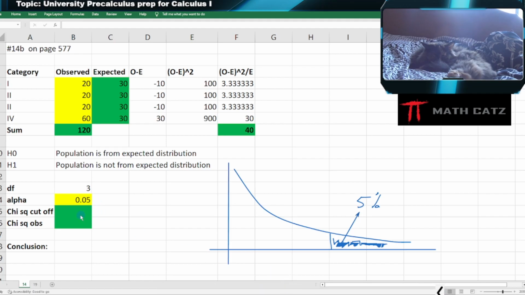So we want to see where is this cutoff so that the right portion is just 5%. We're going to consider that pretty rare to get. And then we'll see where does our observed score sit in relation to that, and then make a conclusion based on that.